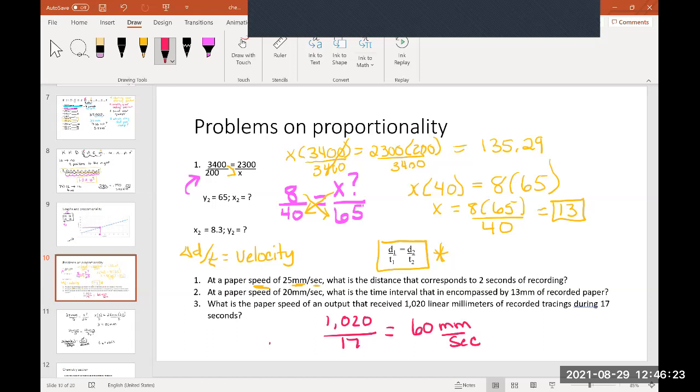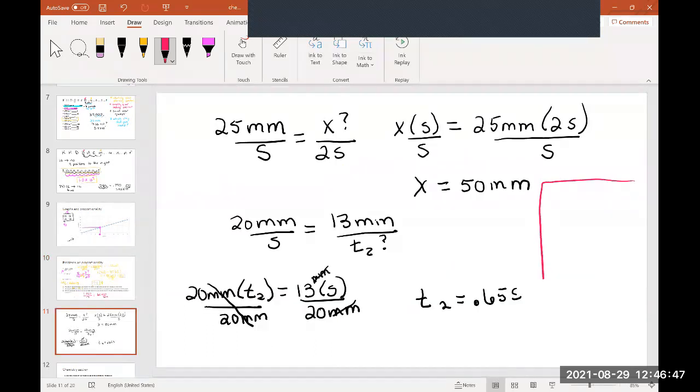Now in problem 4 on this D1 over T1 equals D2 over T2 portion of your lab manual, you are shown a picture of a tracing from an EKG machine. You are told that the distance x corresponds to 16.5 millimeters. So I'll do this over here in the corner. Also in problem 4, you're told that the paper speed is 25 millimeters per second, and that the distance shown in the picture is 16.5 millimeters.